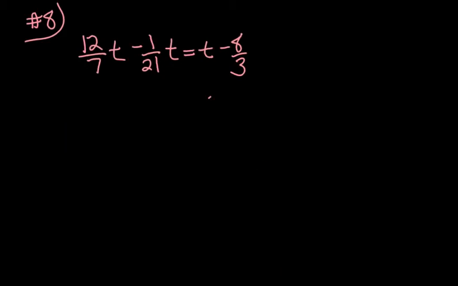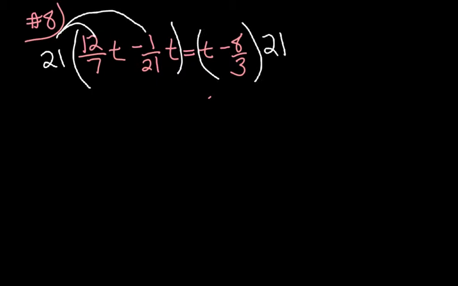The other way that I could have done this problem is to find a common denominator and multiply both sides times the common denominator. So right now my denominators are 7, 21, and 3. I know that all of those numbers will go into 21, so I'm going to multiply both sides by 21. That has to go to each term on the left and to each term on the right.